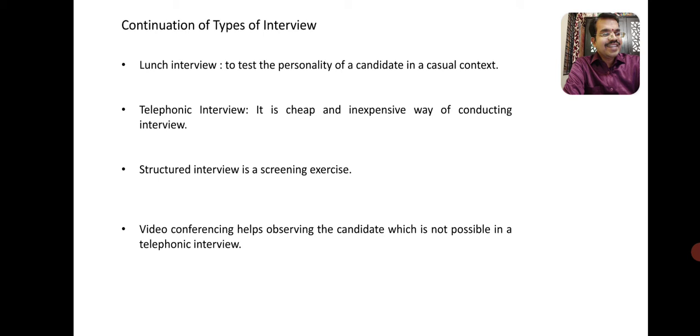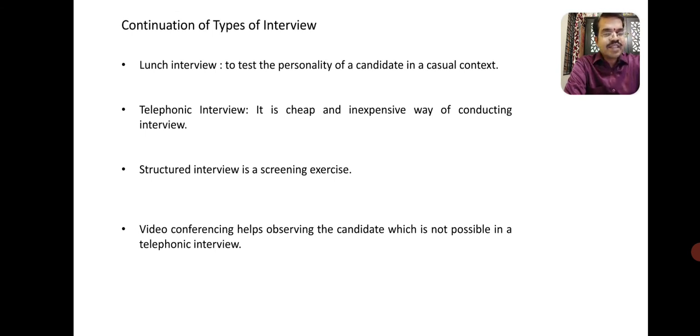And the face to face interview concept is back in the picture once again. It makes the system of interview more human, and maybe it brings out the human element in the interview more than the telephonic interview.